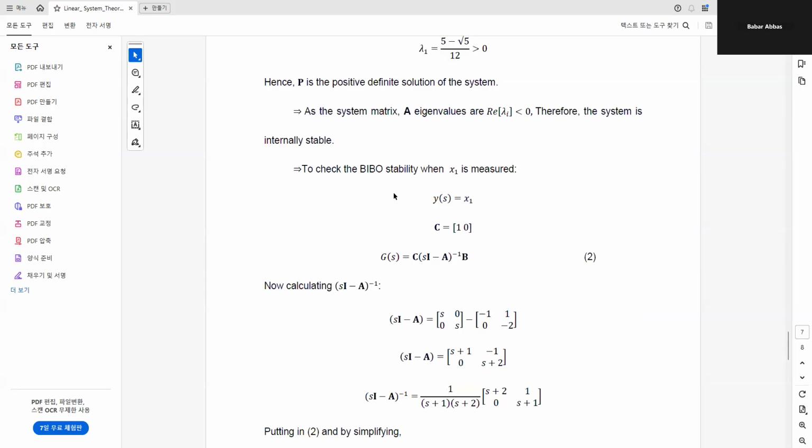To check the BIBO stability, when the output is taken across x1, C comes out to be [1 0].